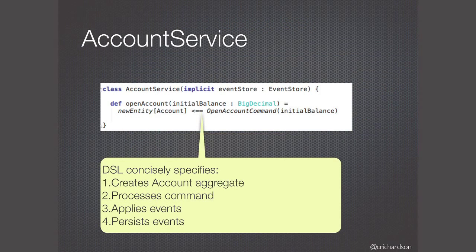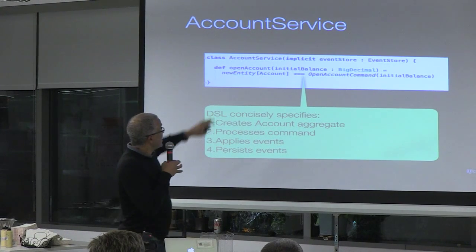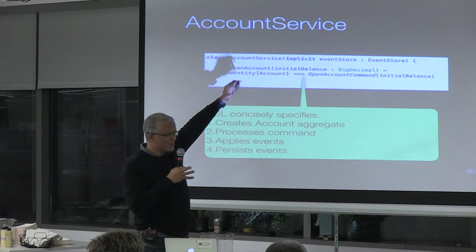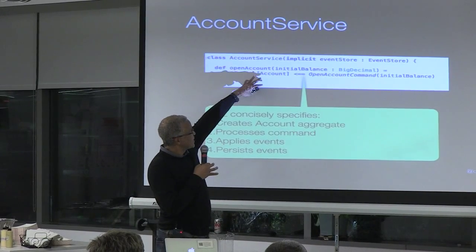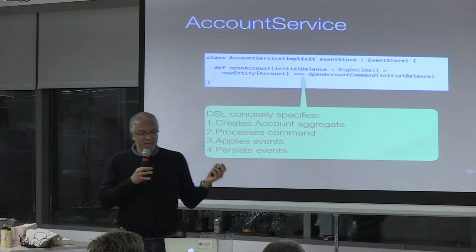There's another interesting point: you actually do not have to interact with the event store directly. I've got a couple of simple DSLs. So here's the account service DSL, and here's the open account method. The DSL just says, go create a new entity of type account and have it process the open account command.